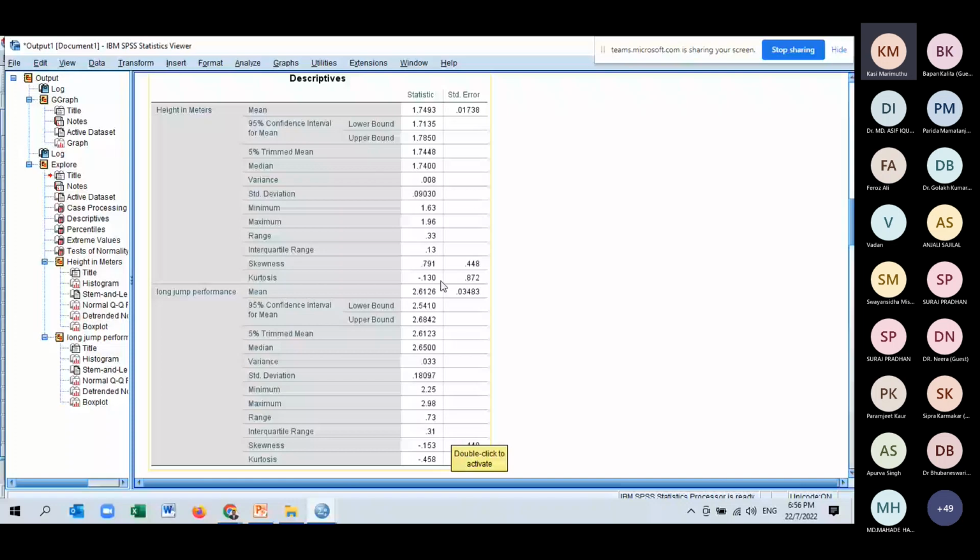Normal means a bell-shaped distribution, where your mean, median and mode are at the center. So if the skewness and kurtosis values are between -1 and +1, the variable is considered normally distributed.